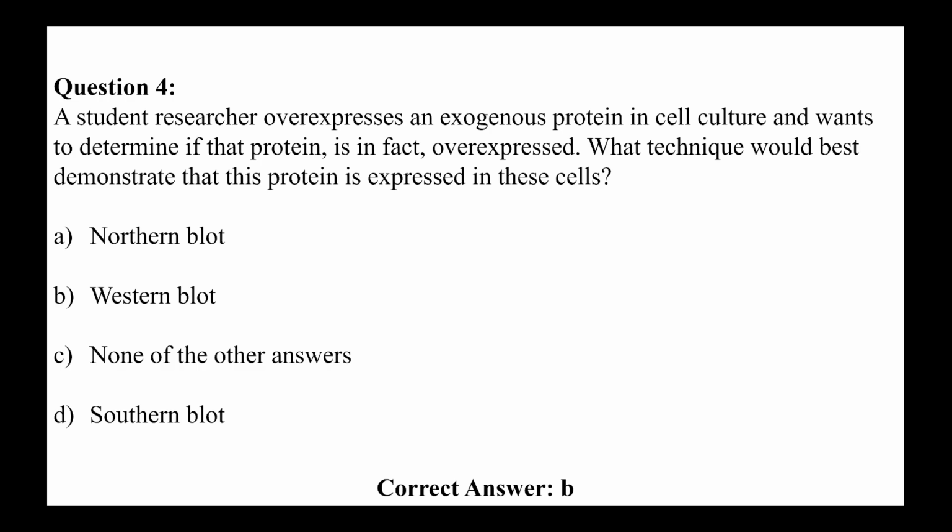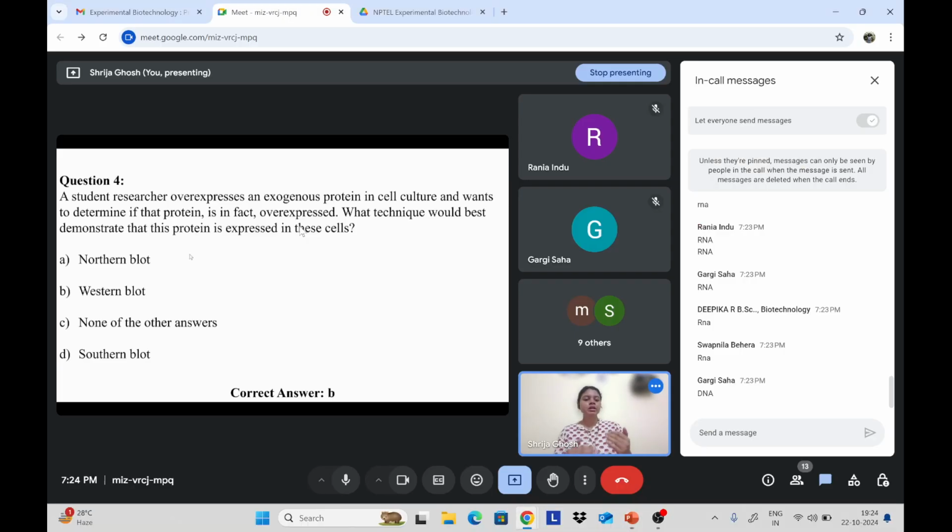So just to give a quick revision for Western blot, we have, let's say, a cell lysate expressing a particular protein that we want to detect. We can separate the protein on SDS PAGE first. So our protein of interest will have a specific band. We will see multiple bands when we are doing SDS PAGE, but we want to particularly identify our protein of interest. So we'll have the antibodies for our protein of interest.